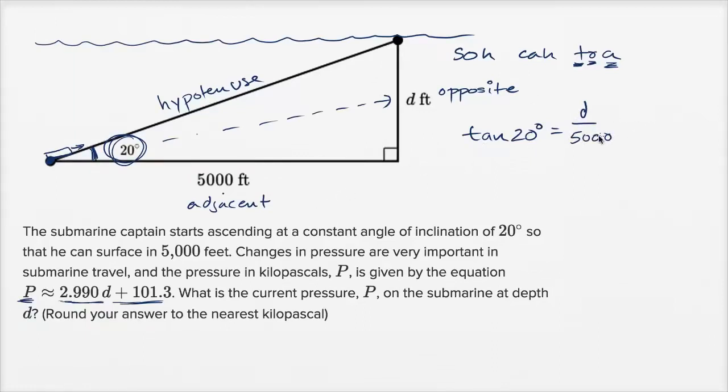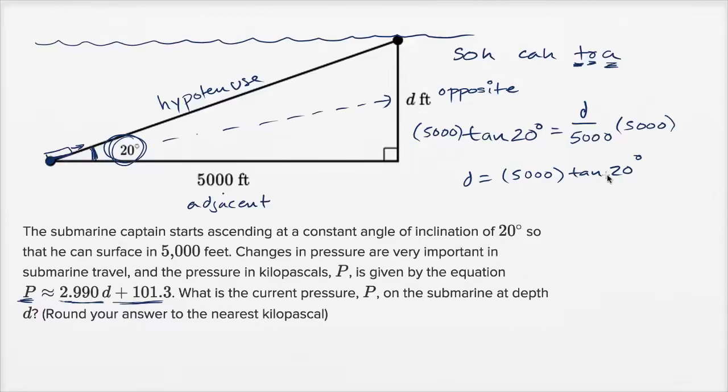Or if we want to solve for d, we can just multiply both sides by 5,000, and we're going to get d is equal to 5,000 times the tangent of 20 degrees. And then we could take whatever this value is and substitute it down here and round to the nearest kilopascal.